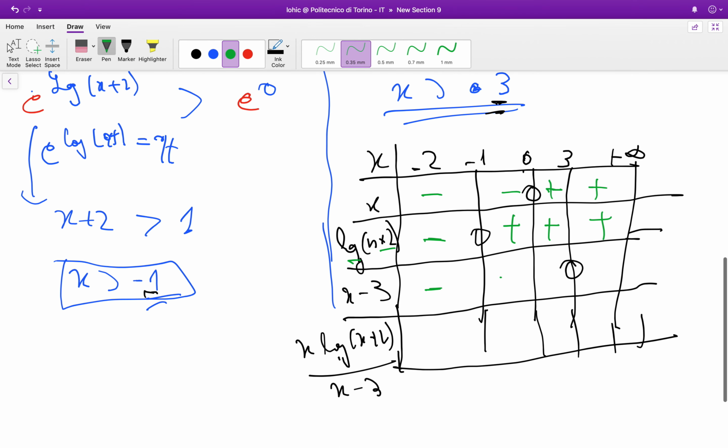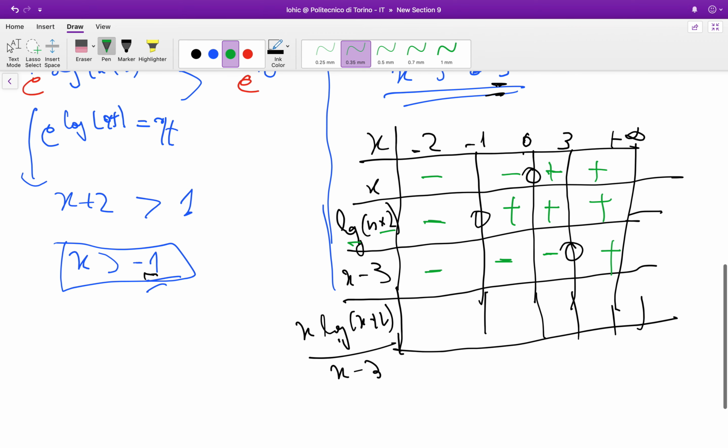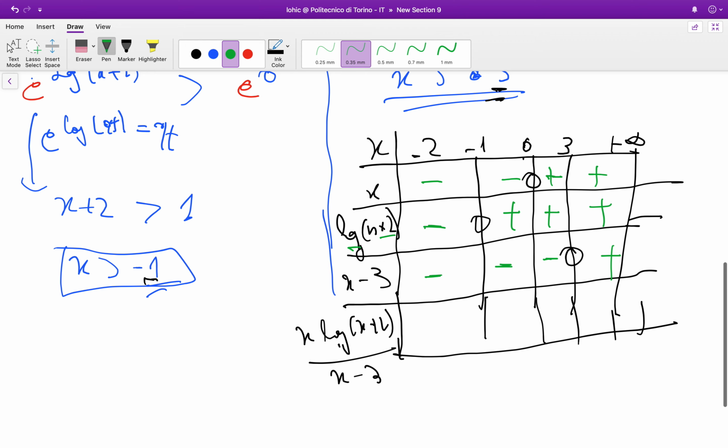So this is minus, minus, minus, and then it is positive. Now you just do minus times minus, plus divided by minus, minus, and so on, giving minus, minus, and plus.